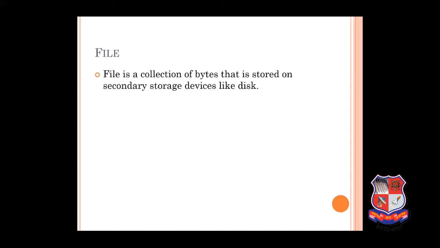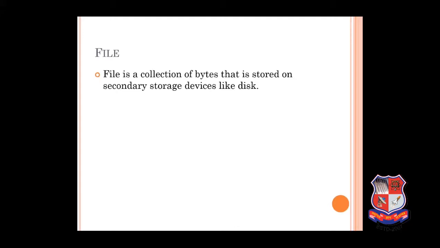So, basically a file is a collection of bytes that is stored on storage devices like disk, pen drive, etc. These all are secondary storage devices. Whatever files we create are never going to be stored on primary storage devices like ROM and RAM, but will get stored in secondary storage devices.